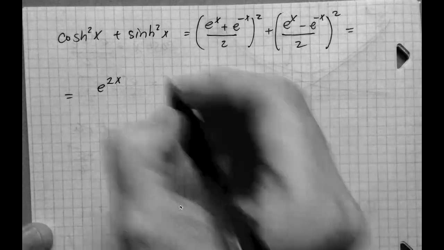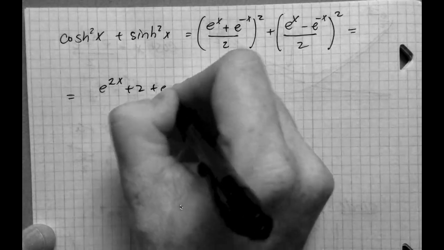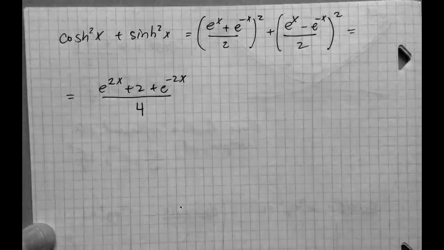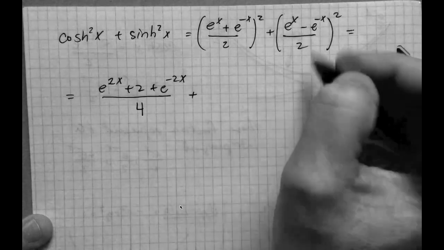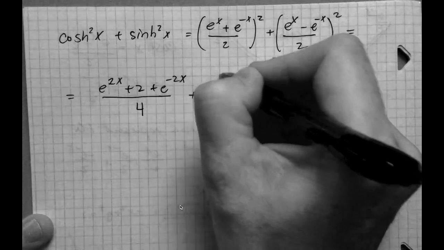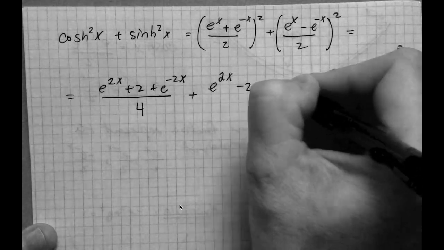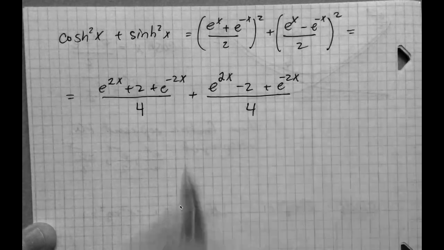So plus 1, so I get a plus 2 in the middle, right? And then plus e to the negative 2x, and that's all over 4, right, like so. And then over here, if I do the same thing, then I get basically e to the 2x minus 2 plus e to the negative 2x, and then again that's all over 4.